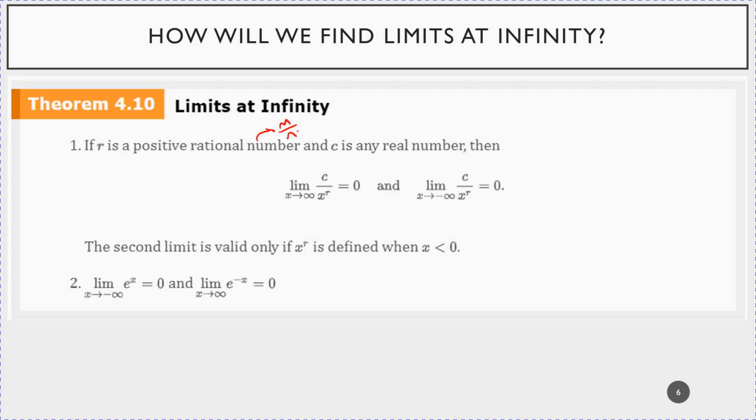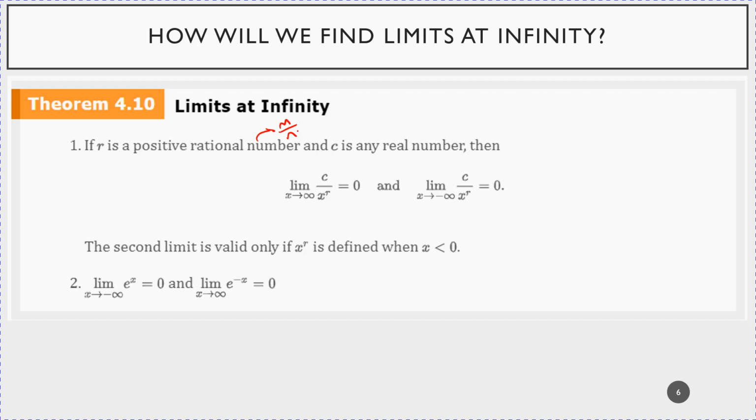And the same thing as x goes to negative infinity of c divided by x to the r, it's still going to be equal to 0.